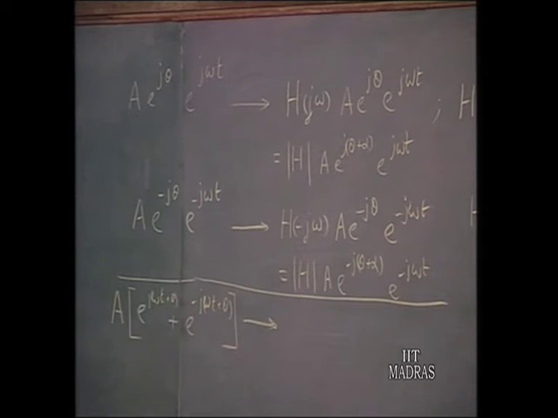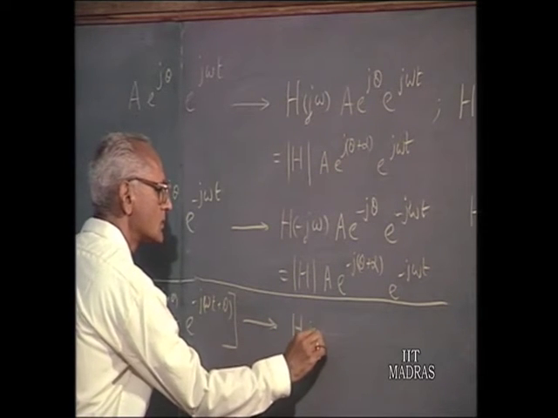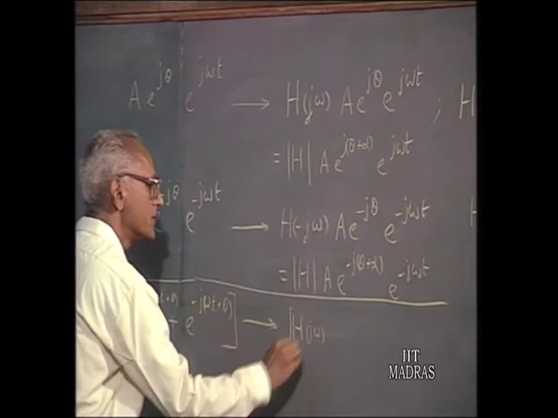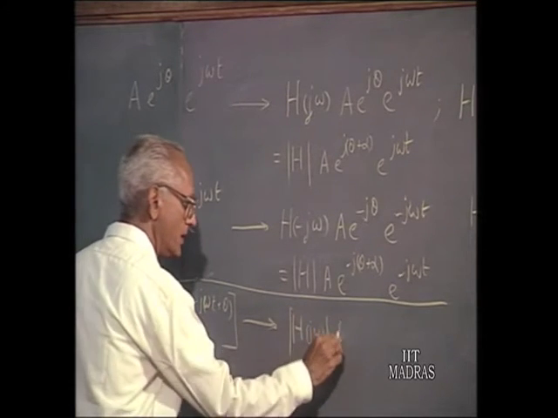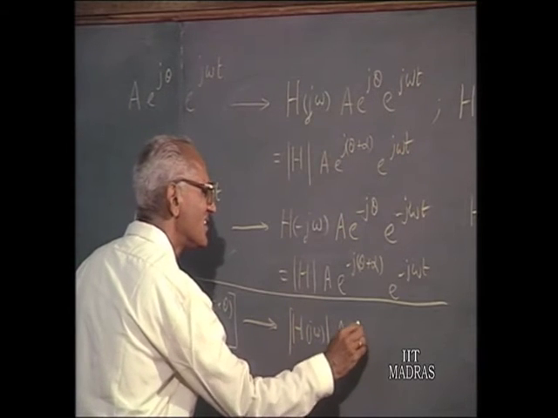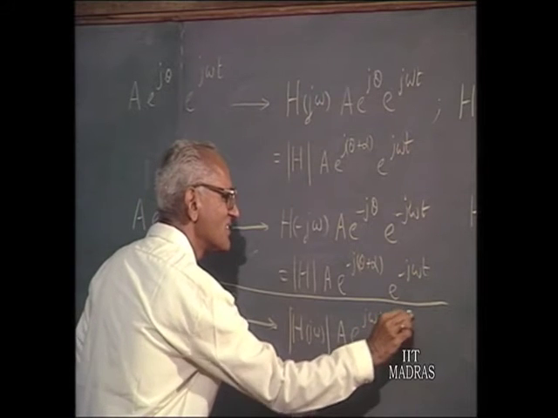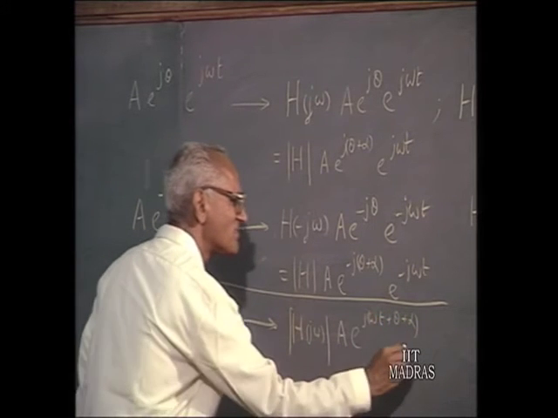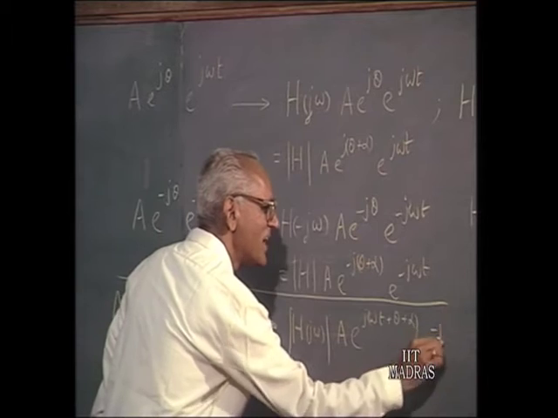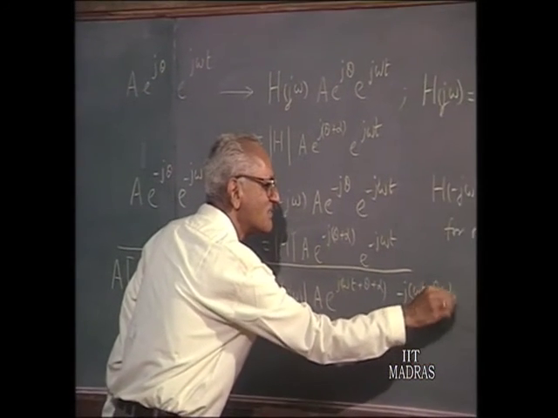This will give rise to |H(j omega)| a e to the power of j (omega t plus theta plus alpha) plus e to the power of minus j (omega t plus theta plus alpha).